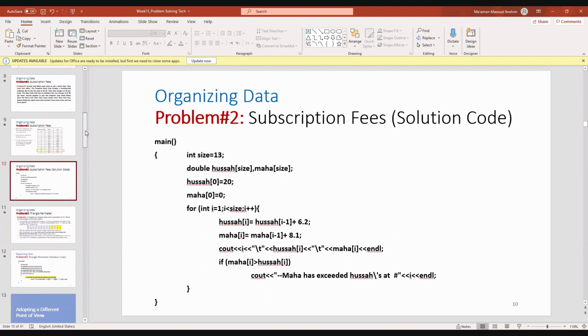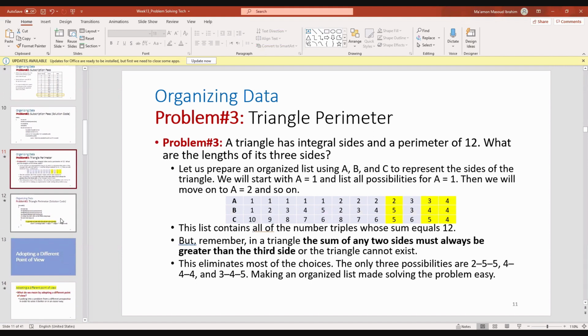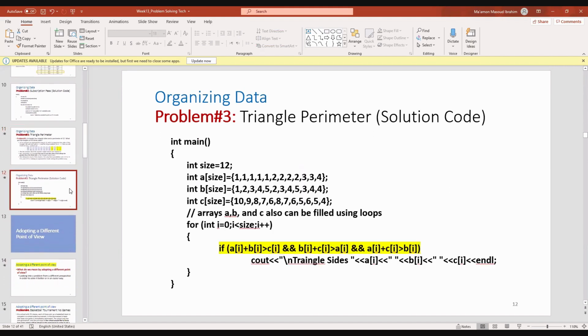We have talked about this example, and also we have talked about the triangle here, and the code here, how we check if this is a triangle or not. If A plus B is greater than C, and B plus C is greater than A, and A plus C is greater than B. We have also talked about this.